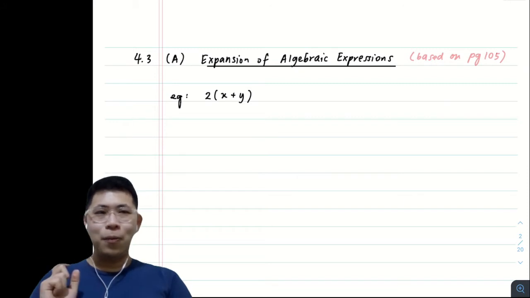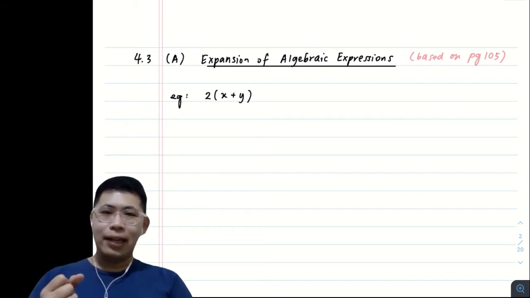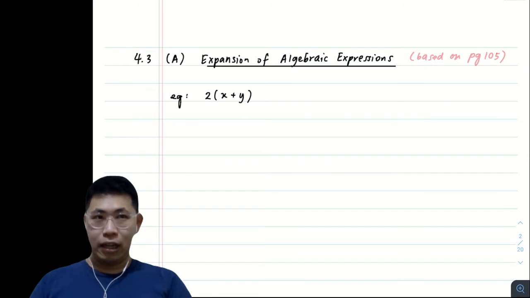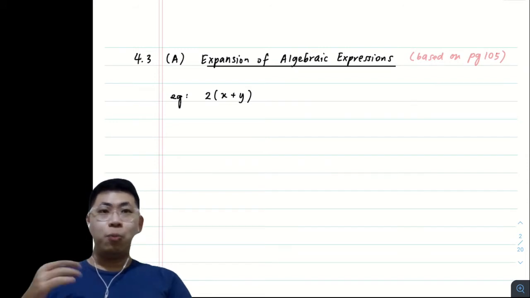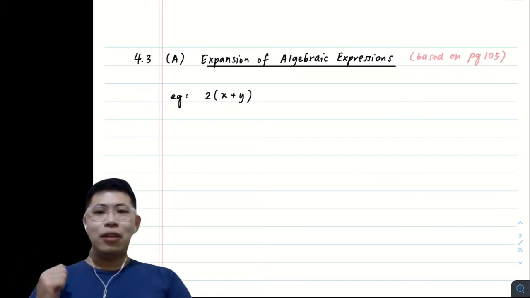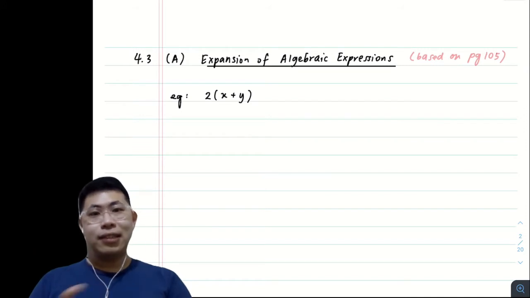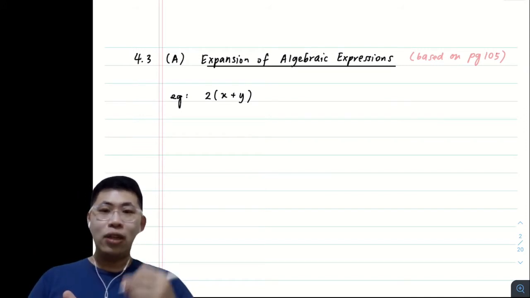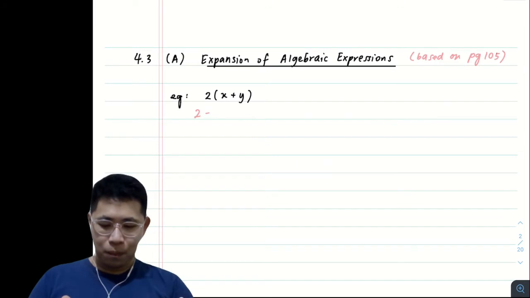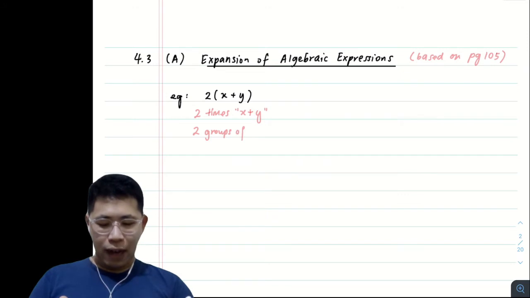Ready? Alright, so bracket actually means multiplication, or grouping. So 2 bracket x plus y simply means 2 times x plus y, or you can think of it as 2 groups of x plus y.